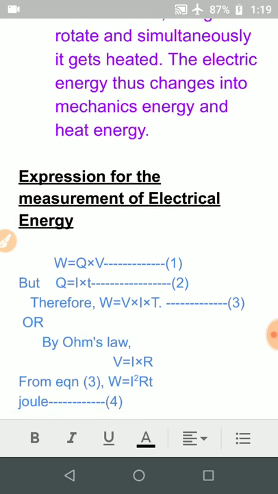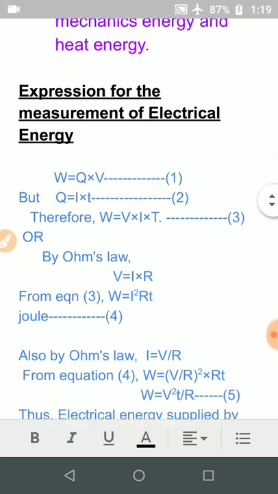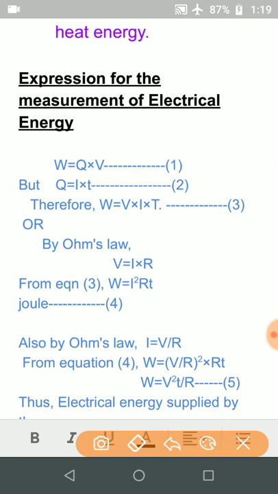My dear friends, now we will discuss some expressions for the measurement of electrical energy. By the definition of potential difference, the work done in moving a charge across the ends of a conductor is given by W = Q × V, call it equation number 1.